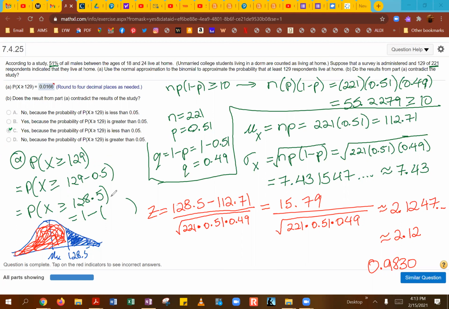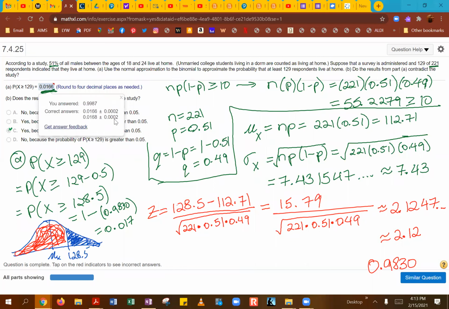That's the number you will need to subtract from 1, so 1 minus 0.9830 is giving us 0.017, which you can see is close to the answer you came up with. And I believe they have a tolerance. You can see how they have a tolerance of 0.002.